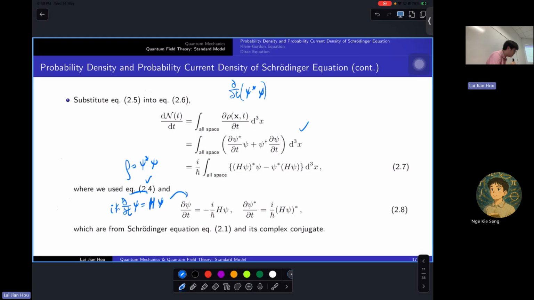We rearrange the equation, which gives us the first part, and for the second part, we take the complex conjugate on both sides. This gives us the second part, and we substitute back into the equation, the second line, which gives us the third line of the equation.